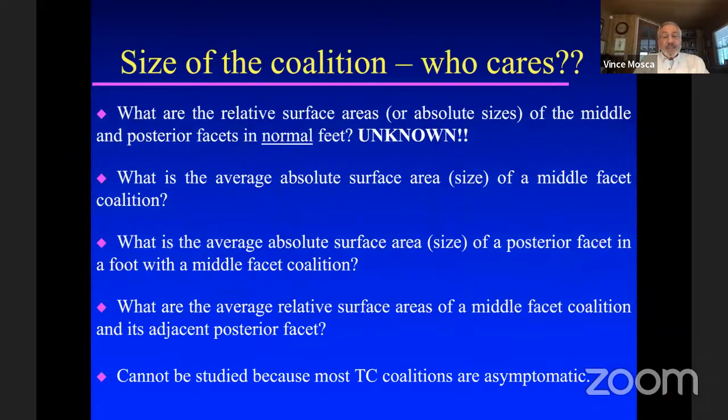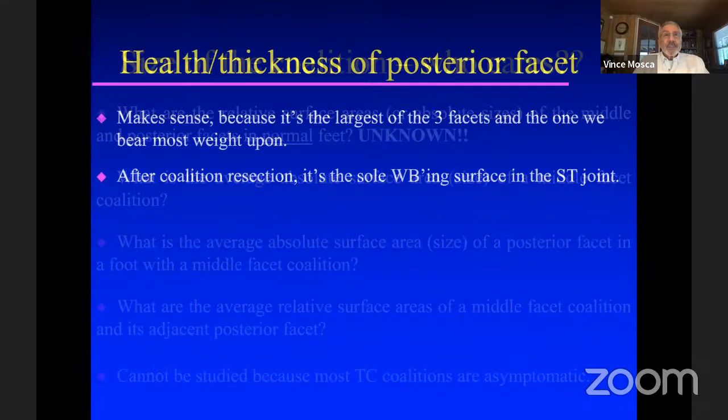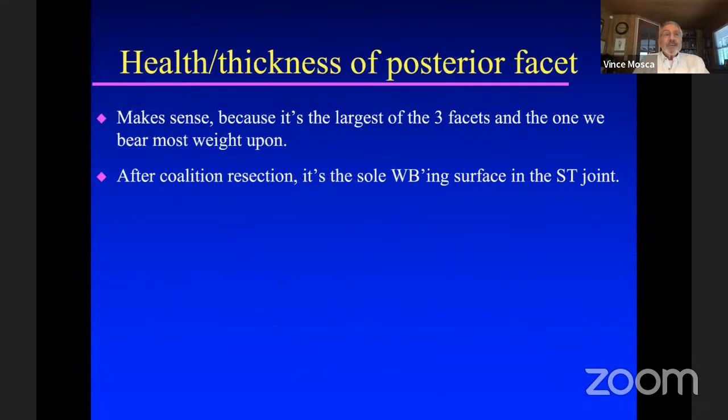So I've already explained that this whole idea about measuring the coalition is challenging, perhaps completely inaccurate, but at the end of the day, why would it matter? What would seem to matter, if you're going to resect a coalition or not, would be how healthy is the posterior facet, the non-involved posterior facet. Once the coalition of the middle facet is gone, the sole weight bearing is on the posterior facet.